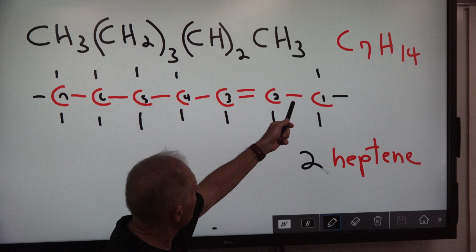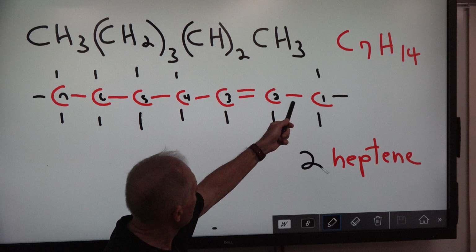Now, we have 2 methyl groups to play around with. So I'm just going to show you a couple of them because this is going to be part of your bonus homework. 2 methyl groups.